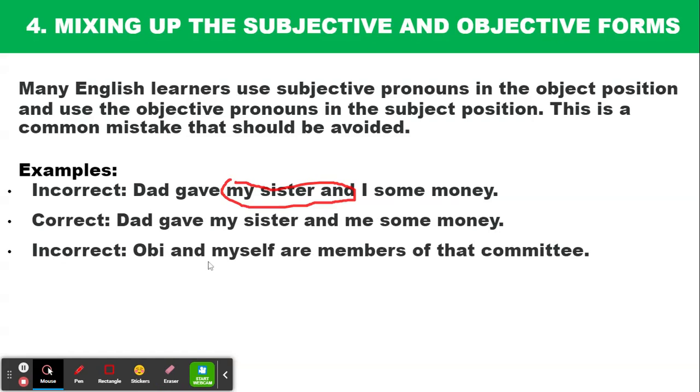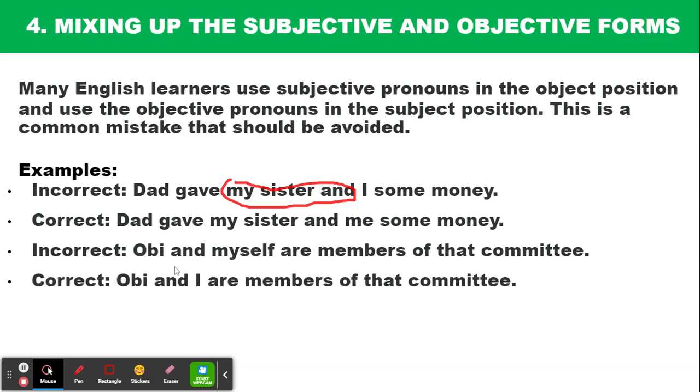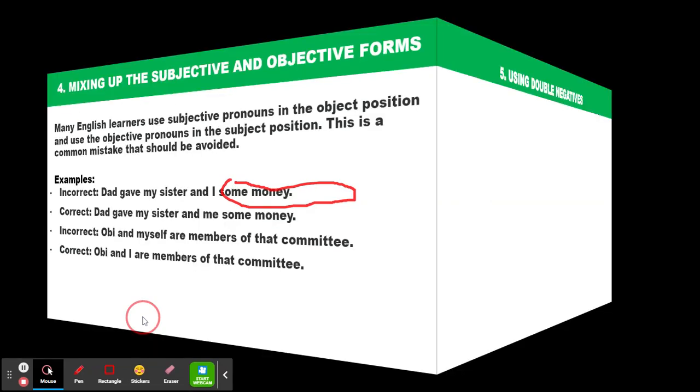Another example, "Obi and myself are members of that committee." "Myself" cannot be used in the subject position. This is the subject position, the doer of an action in a sentence. So the correct thing is to say, "Obi and I are members of the committee."